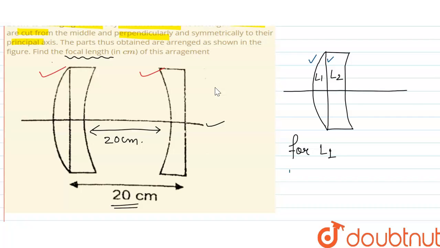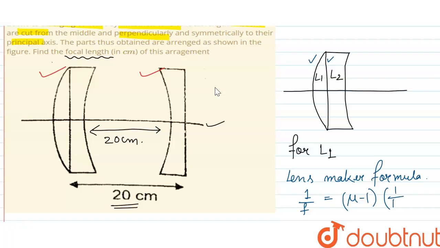So according to the lens maker formula, 1 by f, where f is the focal length of lens L1, is equal to (mu minus 1)(1 by R1 minus 1 by R2), where mu is the refractive index, R1 is the radius of curvature for the first surface, and R2 is the radius of curvature for the second surface. This is the second surface for lens L1.